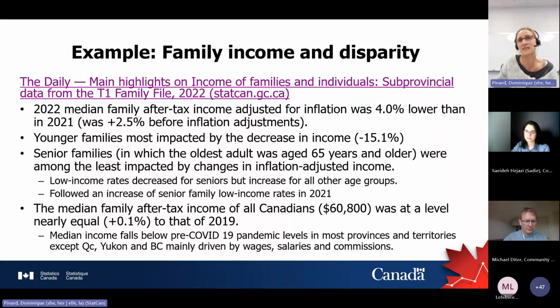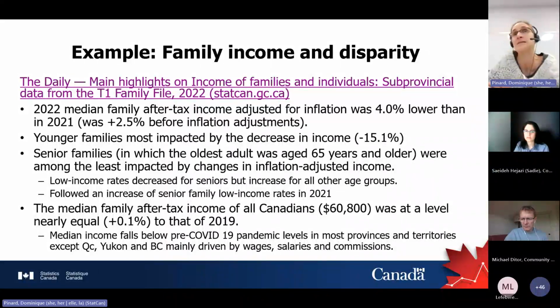What we are interested in is earning patterns, geography and family. So childcare expenses are available from the T1 Family File. Now, these are childcare expenses that are deductible for tax purposes, so it might not cover all the childcare expenses.